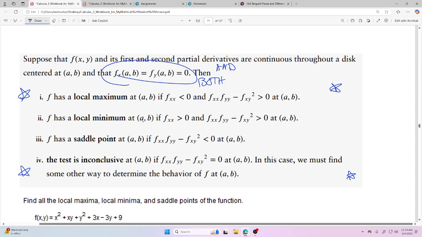It's been a long time. And this formula here, f_xx f_yy minus f_xy squared, tells you if it's a saddle or something else. Notice that they're saying if it's greater than 0, this is a regular one. Here, it's a weird one. And then here, well, it's not just weird, it's fine. But then inconclusive is just who knows what.